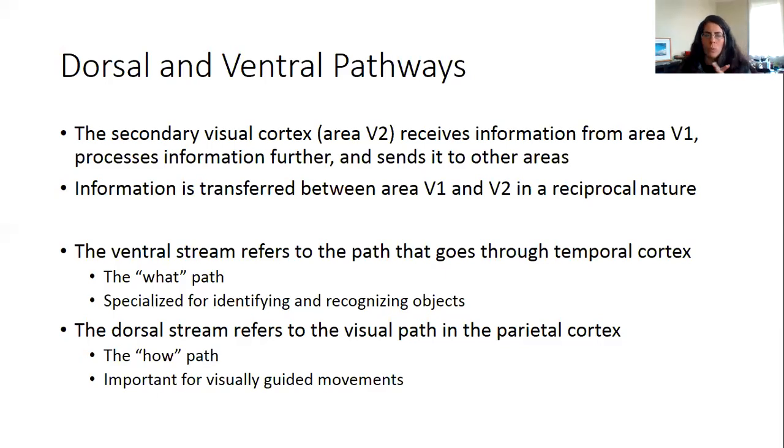And we can see this through studies of people who have damage to these pathways. If there's damage to the ventral stream, I wouldn't be able to identify my water bottle. I might be able to see its component parts, maybe talk about how angled something is, but to put those features together and say that's a water bottle, I'd be incapable of doing that.